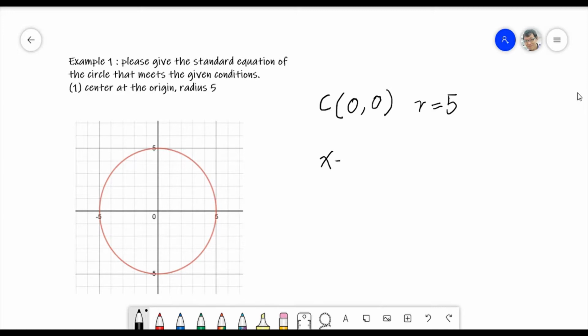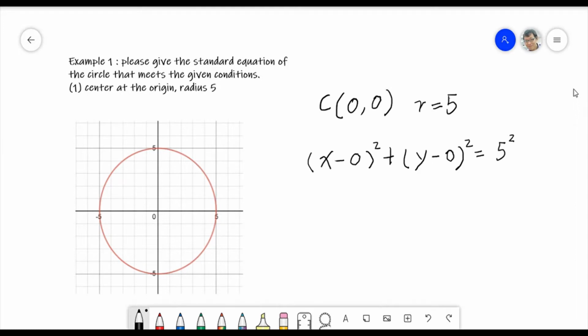So x minus 0, squared, then plus y minus also 0, so y minus 0, squared, equals r squared, right? So 5 squared.